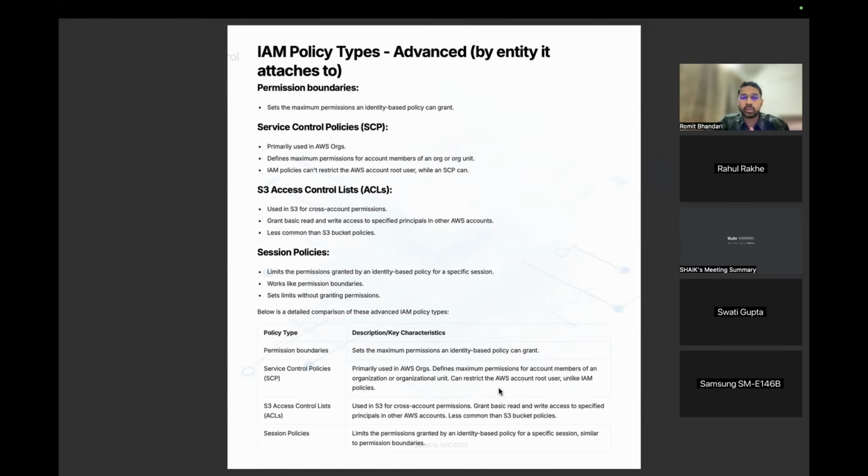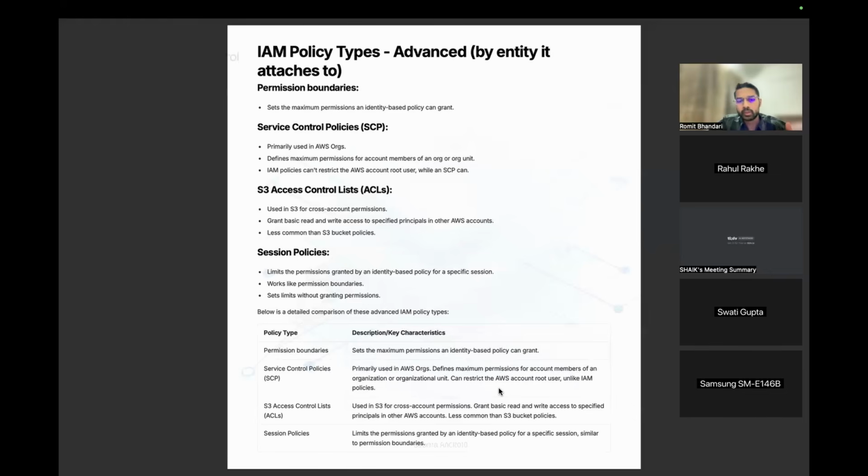IAM policies actually can't restrict the AWS account root user, but an SCP can. So it works on the organization level or on the account level. Okay, remember, service control policy. S3 access control lists. This is something which is generally used for cross account permissions for accessing S3.